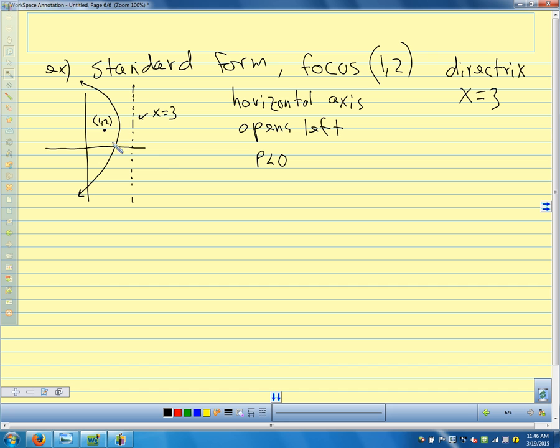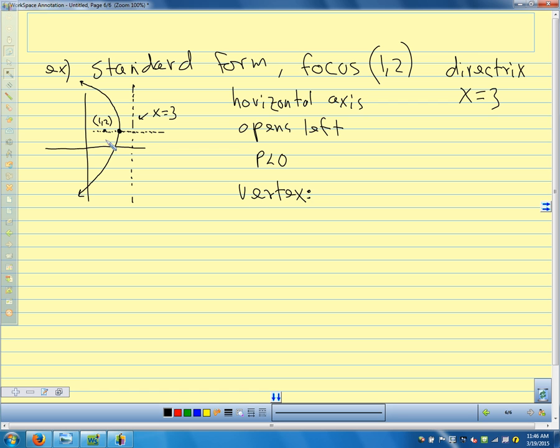All right, so our axis goes through the focus and through the directrix. How do we find the vertex? It has to be midway between the focus and the directrix, because the vertex is P units from the focus and P units from the directrix.